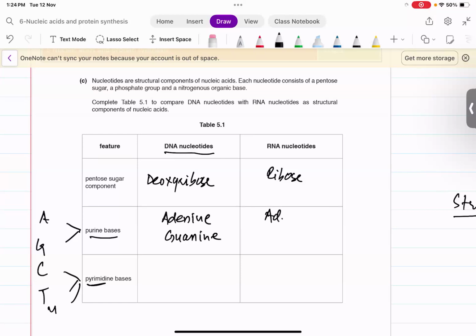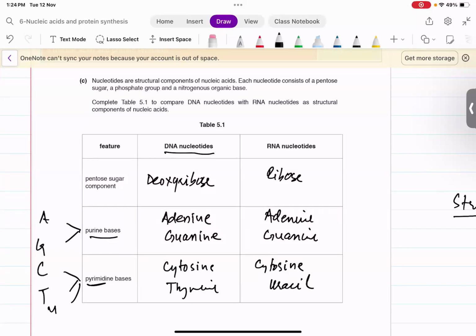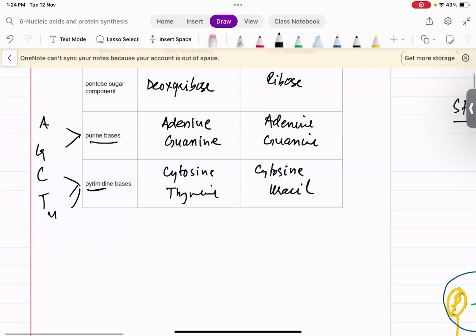Both have adenine and guanine, but there is a difference in pyrimidine bases. Cytosine is the same in both, but DNA has thymine and RNA nucleotides have uracil. So that's a comparison between DNA nucleotides and RNA nucleotides.